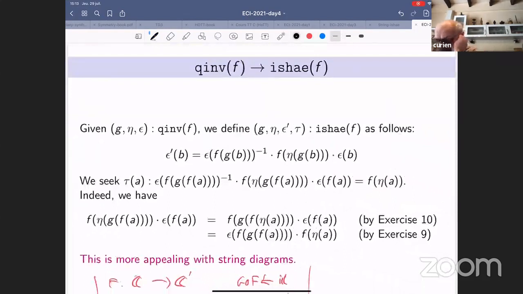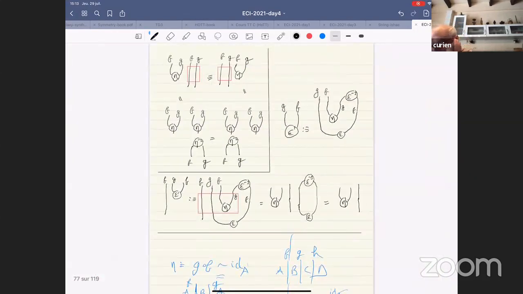So I know how to represent the data of QInv, okay, which are F, G, eta, and epsilon in terms of little drawings. Okay, so I know how to represent F, G, they are strings. I know how to represent eta, it's an operation represented in this way.